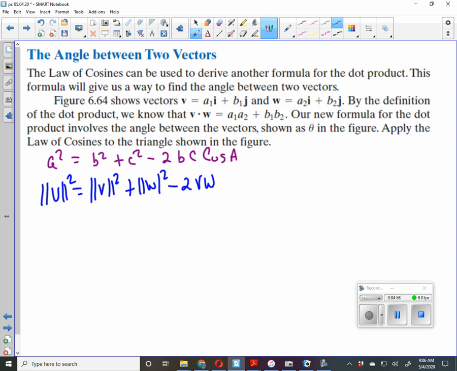That V times W is your dot product, which is just going to be some number, times cosine of A. And that's how that fits into the law of cosines. By substitution, we're going to end up substituting the dot product in, which we've already seen in the previous one. So that literally is just v times w equals that whole thing.